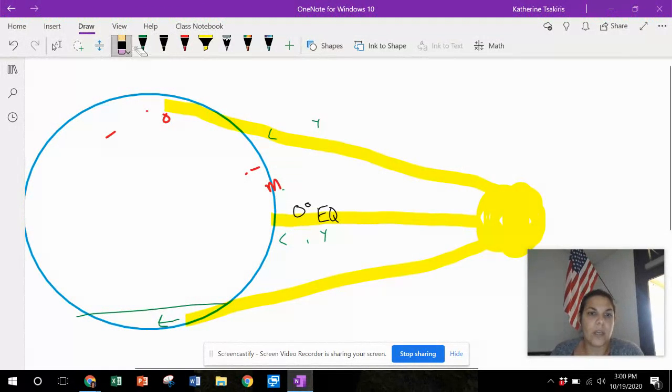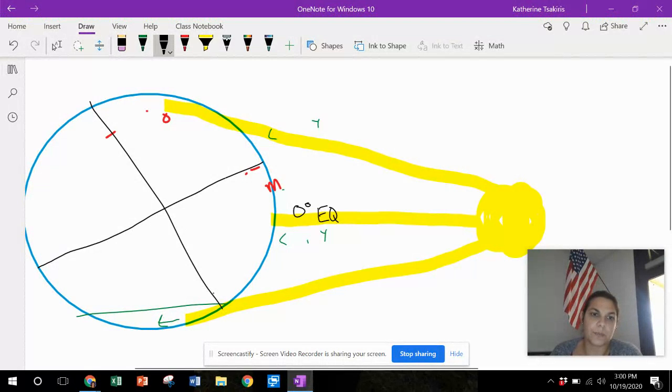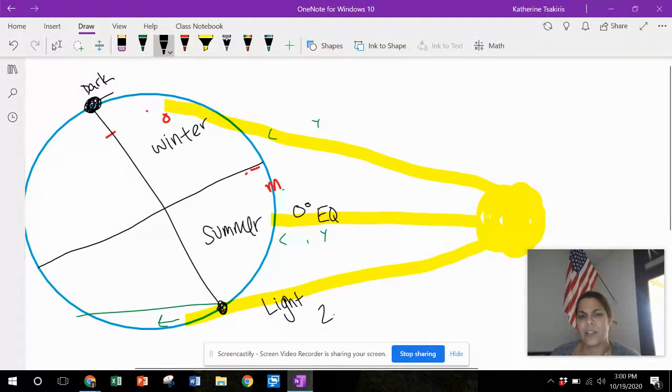Now, we know that the Earth's tilt isn't even. So the Earth tilts, and I'm making it really dramatic. Here it is summer, and here it is winter. We know what winter is in our northern hemisphere. So at the winter solstice, here it's completely dark, and right there it is completely light for like 2 weeks.